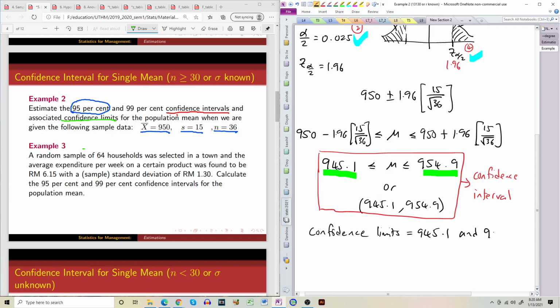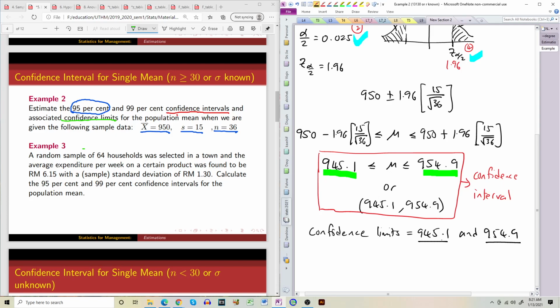This is just for your understanding. Confidence limit is one number and this number. Confidence interval you need to give in terms of interval. That's all. Very simple ideology. If the question asks for interval, you give in interval form. If they ask for limit form, you just write like this.